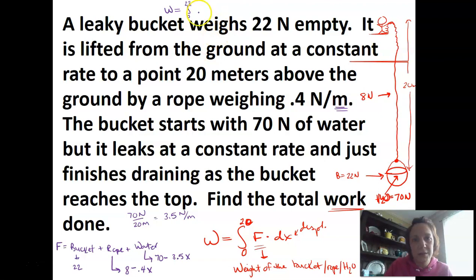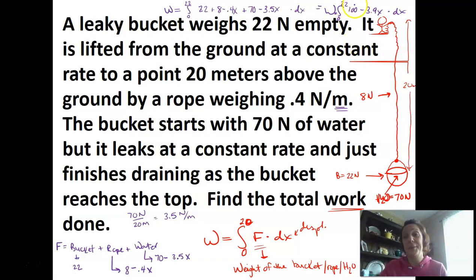My force is 22 bucket plus 8 minus 0.4x rope plus 70 minus 3.5x. Now, we're going to simplify this. You probably want to. So you have 100 minus 3.9x for your work.